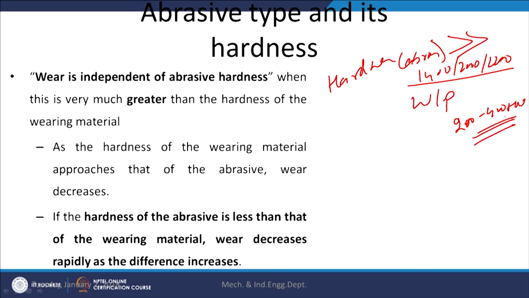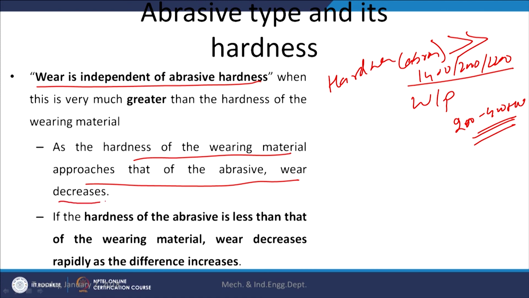So, wear is independent of the abrasive's hardness if the abrasive hardness is too high relative to the workpiece material. As the hardness of the wearing material approaches that of the abrasive, the wear rate starts decreasing. If the hardness of the abrasive is almost close to that of the workpiece, then it plays a big role as far as the abrasion is concerned.